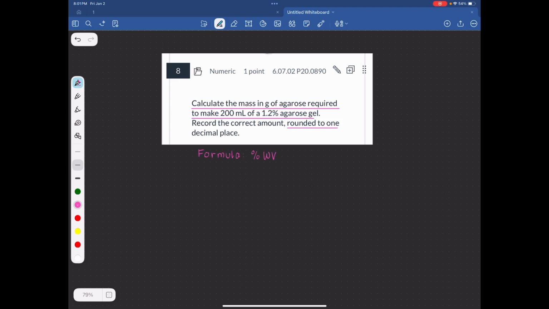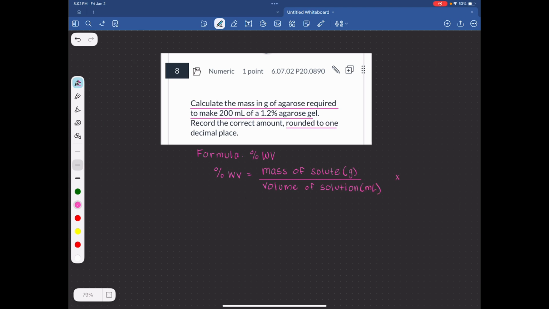Just a reminder, that formula is percent weight times volume equals our mass of solute, which will be written in grams, over the volume of the solution in milliliters, and all of this is going to be multiplied by 100.